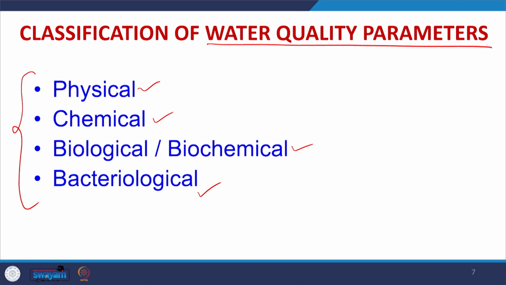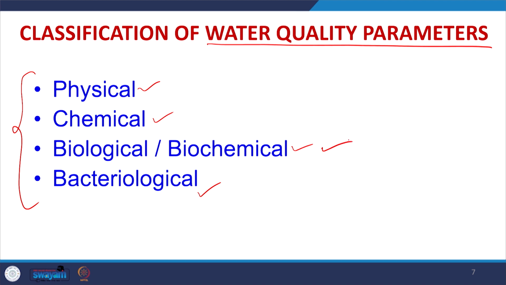Here we will just be relearning these parameters quickly, and I will discuss the biological and biochemical water quality parameters in detail, because these are of more use to us for biological treatment of wastewater. If you want to study all these parameters in great detail, please see the lectures on physico-chemical treatment of wastewater.